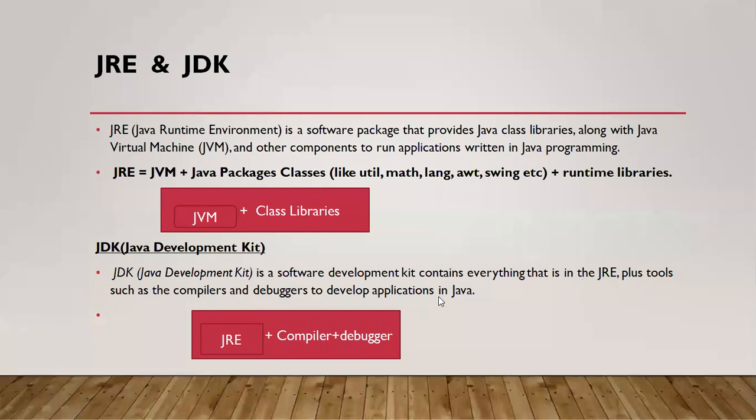If we install the JDK, the JRE will come automatically. And with the JRE, the JVM plus some class libraries will come automatically. So all the Java packages will be installed into our system. Clear? So whenever we want to install Java for execution purposes, we are going to install the JDK package.